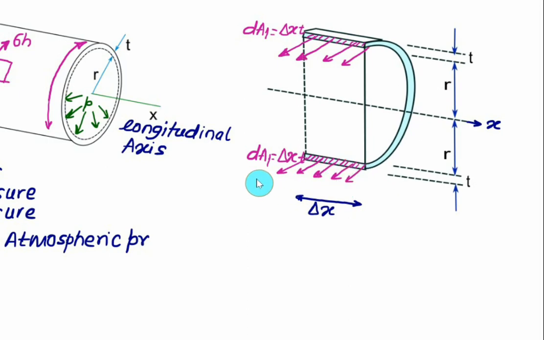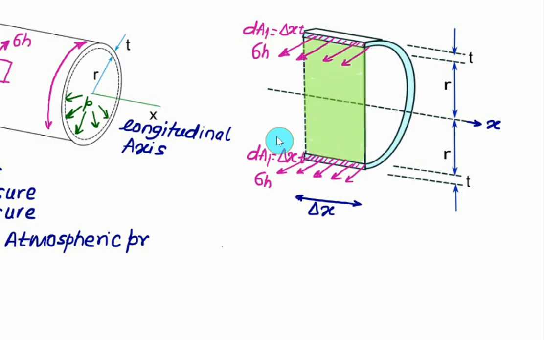Let's say the magnitude of the hoop stress is equal to sigma h, and the pressure force is exerted on this rectangular plane. This rectangular plane has a dimension equal to delta x, and the total height is equal to 2 times r. This pressure force will push it in the inward direction.